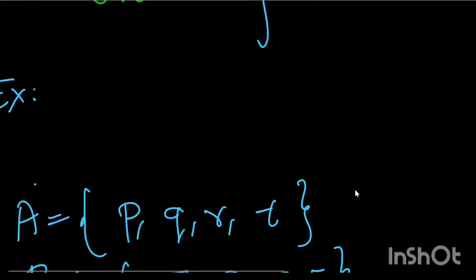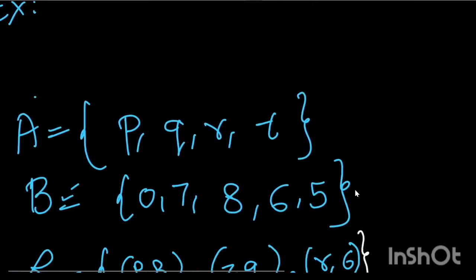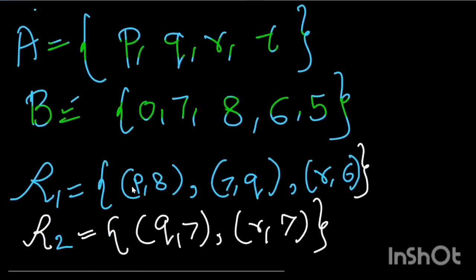For example, A is PQRT and B is 07865, and these are the subsets of A cross B: P8, 7Q, R6, Q7, R7. You can see they are all subsets of A cross B.